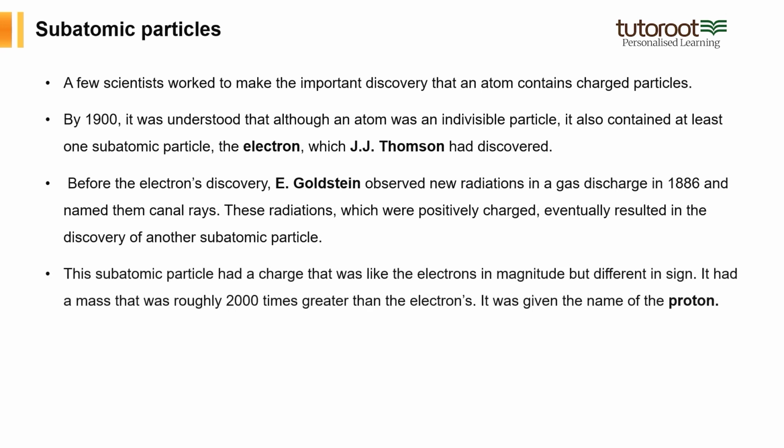This subatomic particle had a charge that was like the electron's in magnitude but different in sign. It had a mass that was roughly around 2000 times greater than the electron's. It was given the name proton. The mass of a proton is taken as 1 unit and its charge is +1.